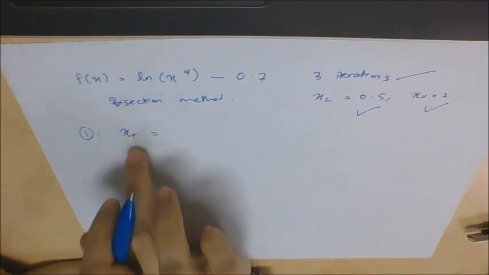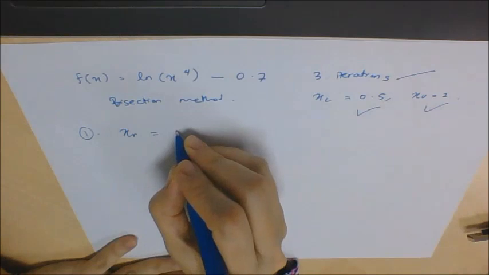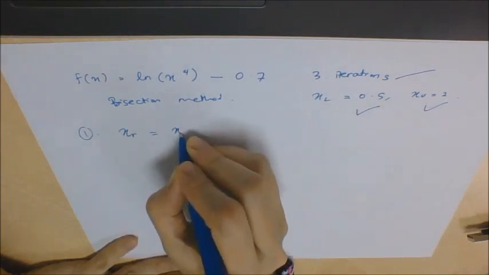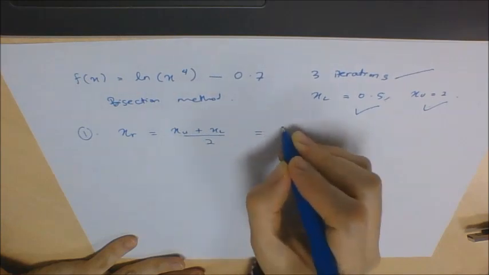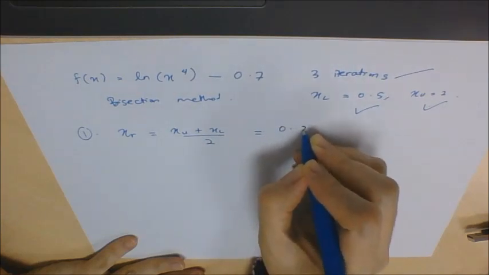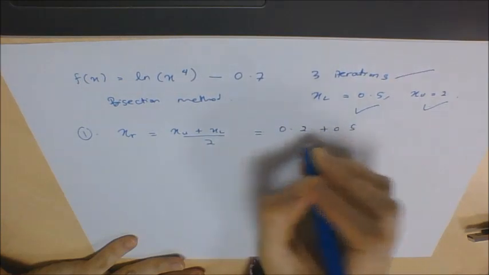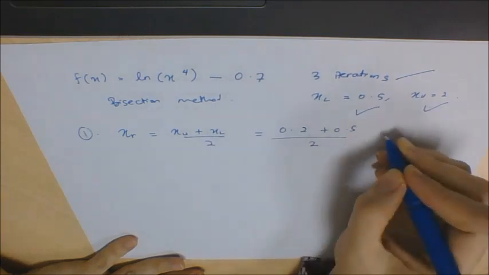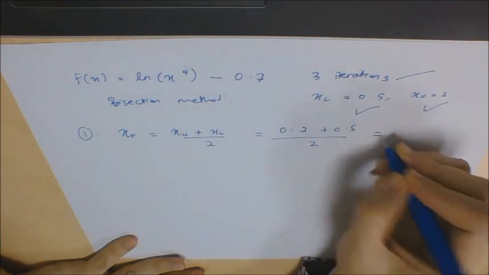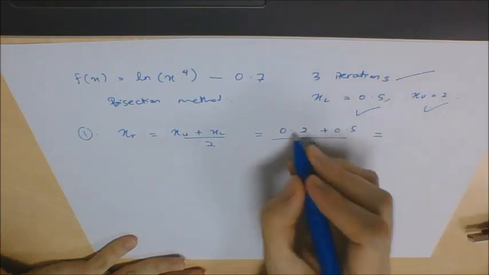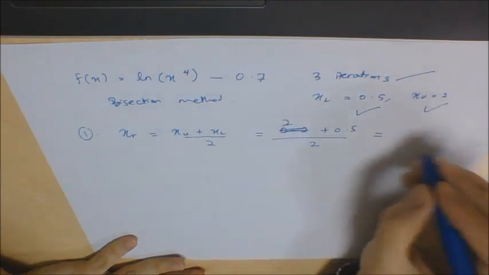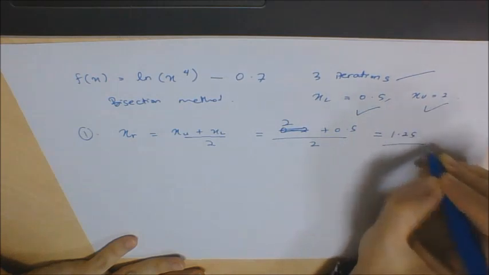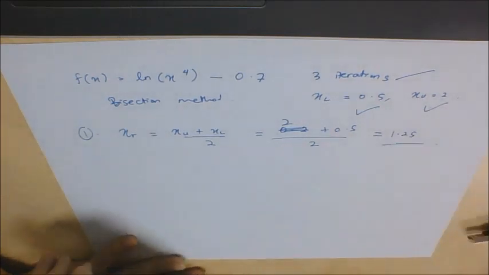This is only an estimation, all right? XR, according to the formula, is XU plus XL divided by 2, and this is 2 plus 0.5 divided by 2. So here you will get 1.25 as your first estimate of XR.